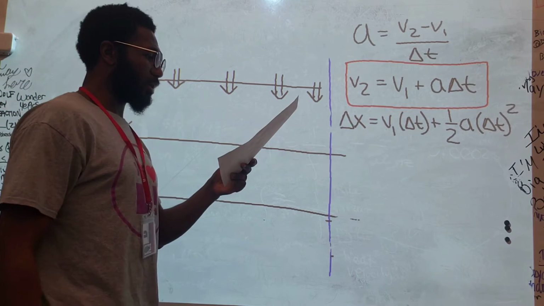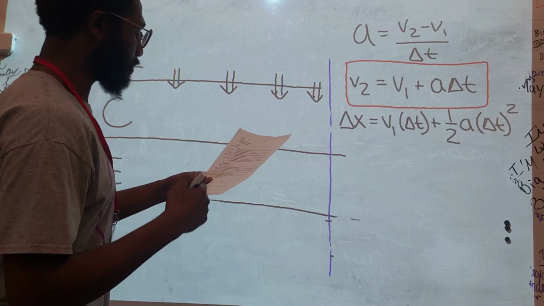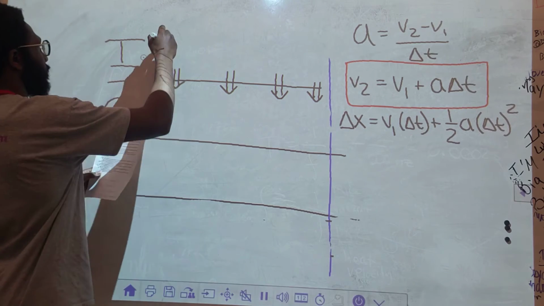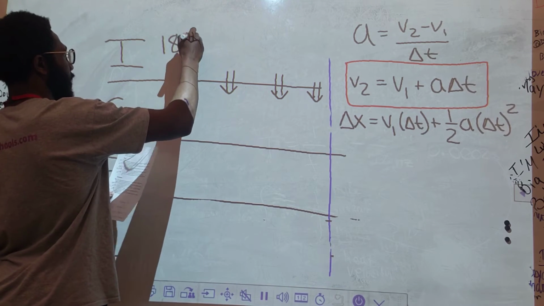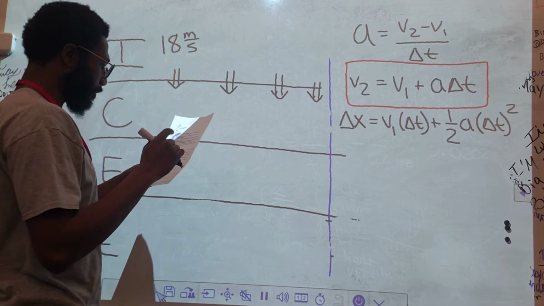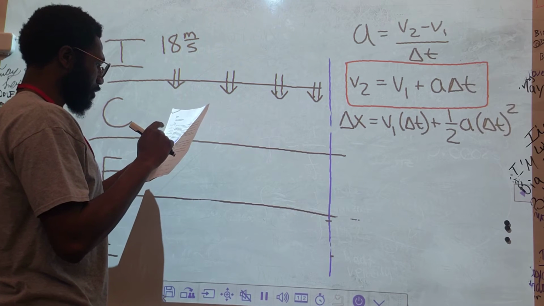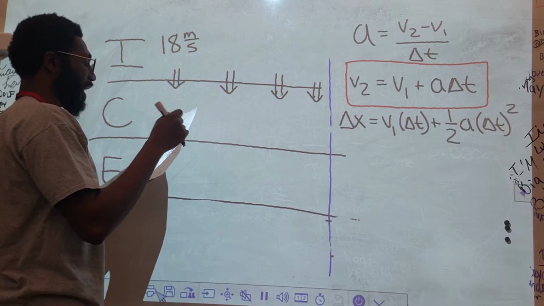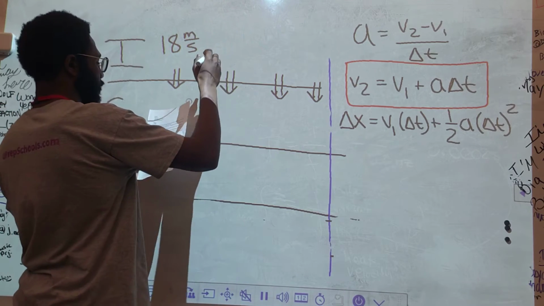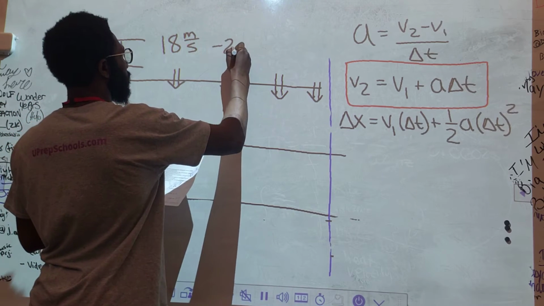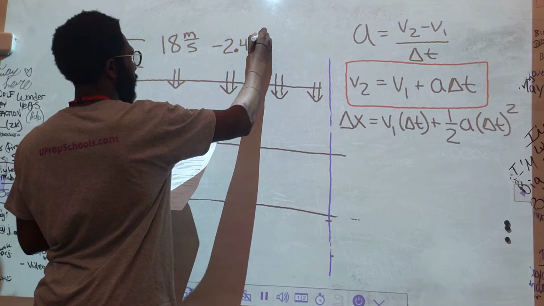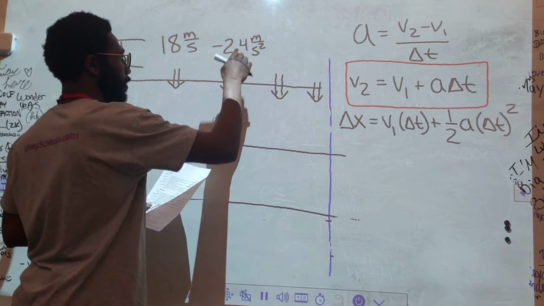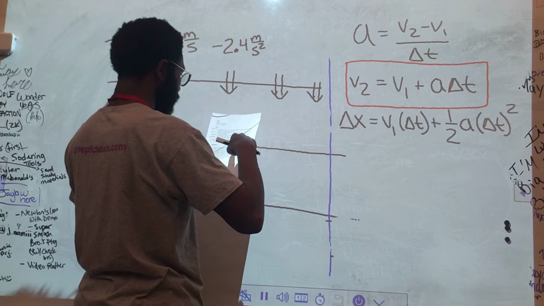Okay, but let's go ahead and plug in some of these numbers. So say in one of these problems, a dodgeball has an initial velocity of 18 meters per second. The dodgeball accelerates at negative 2.4 meters per second squared, right? And meters per second squared are the units of acceleration.